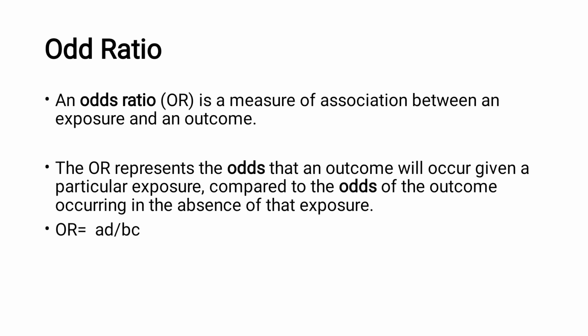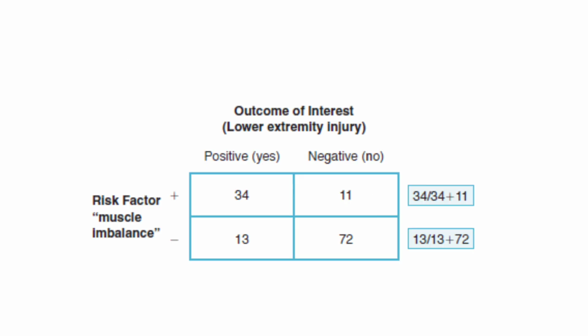Odds ratio represents the odds that an outcome will occur given a particular exposure compared to the odds of the outcome occurring in the absence of that exposure. Odds ratio is equal to AD over BC.